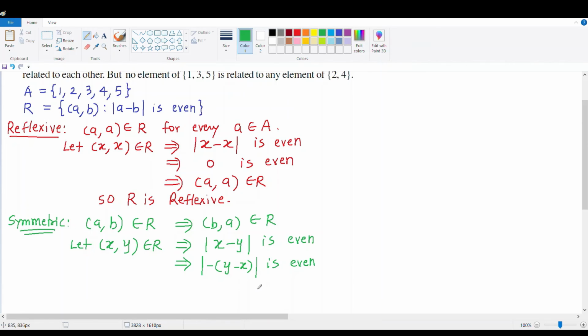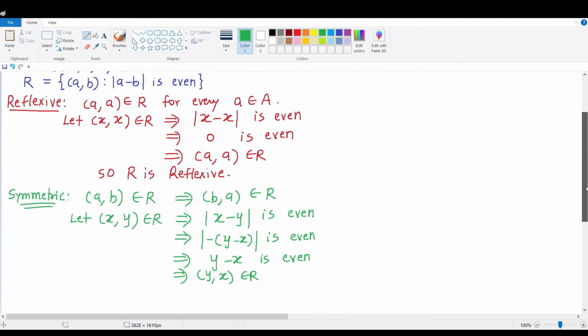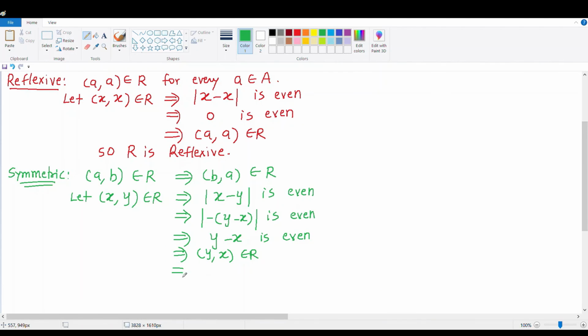And since this is a modulus, it is actually |y minus x| that is even. And if y minus x is even, that means (y, x) belongs to R. That means (b, a) belongs to R, and (b, a) belongs to R means R is symmetric.